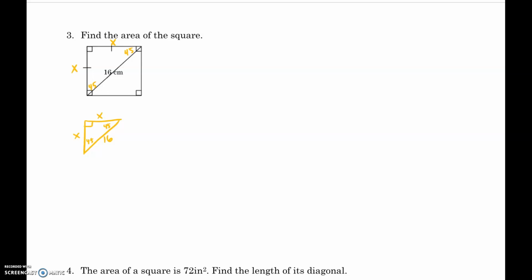We're going to do x equals 16 divided by radical 2 because we were given our hypotenuse. So to work backwards, we have to divide by radical 2 this time. We can't leave the radical in our denominator, so we're going to have to rationalize here. We get 16 radical 2 over radical 4, which equals 16 radical 2 over 2, which equals 8 radical 2.